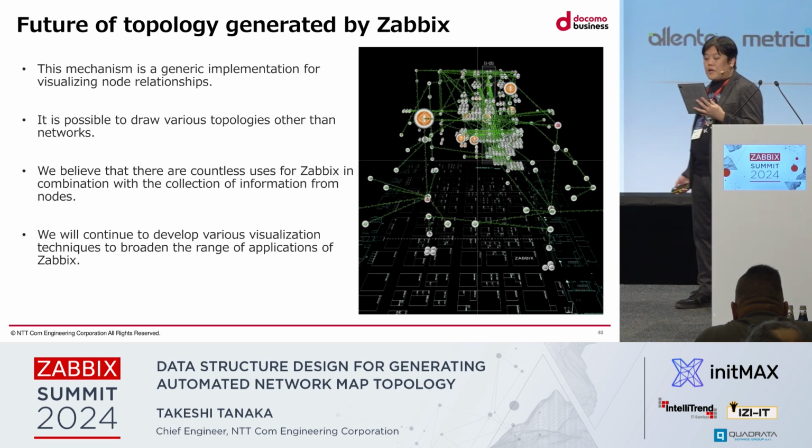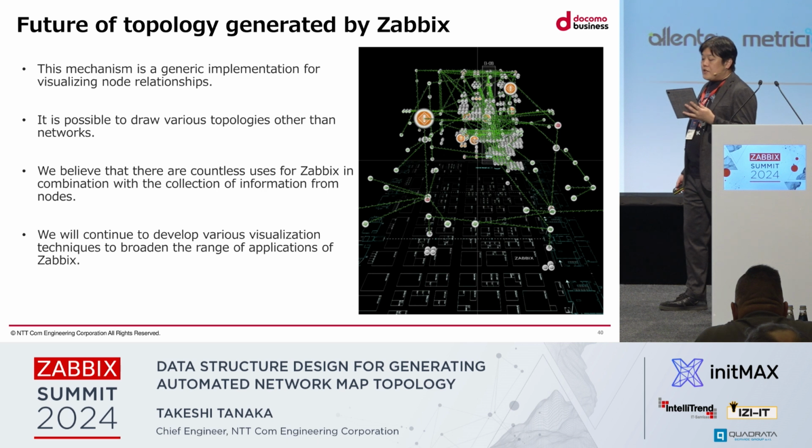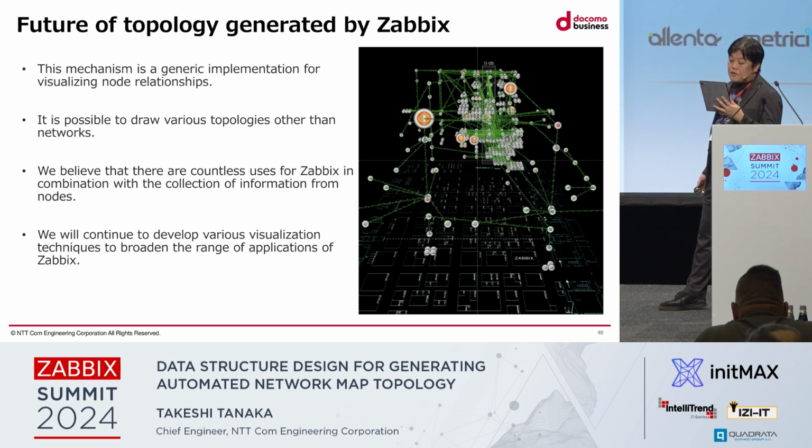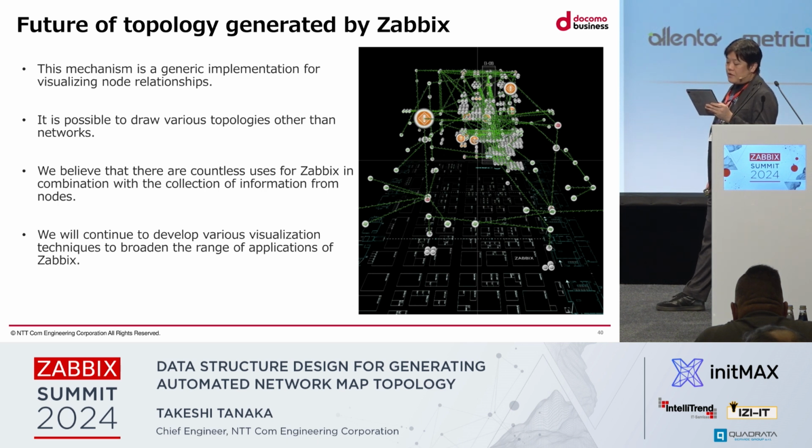This presentation has described a mechanism for automatically drawing network topologies. This mechanism also serves as a framework for visualizing host-to-host relationships. There are structures in computers that can be represented by topologies.